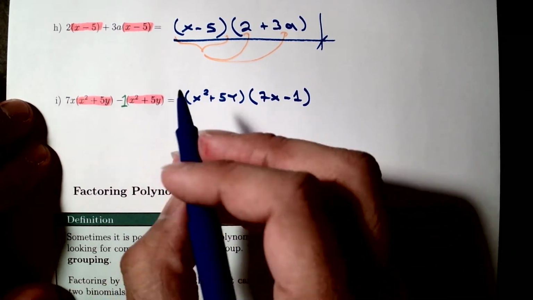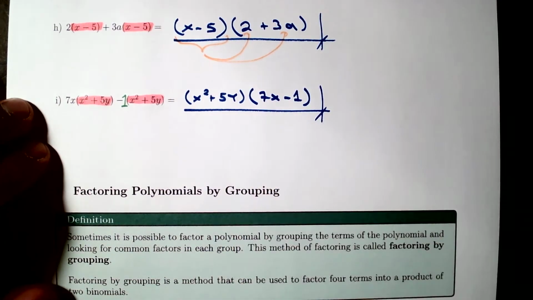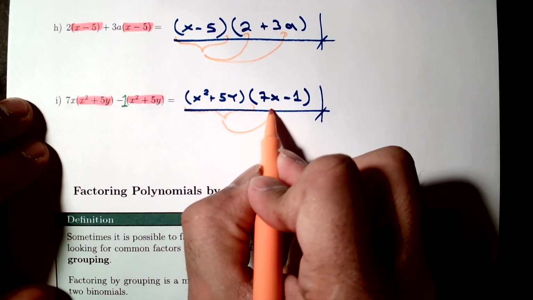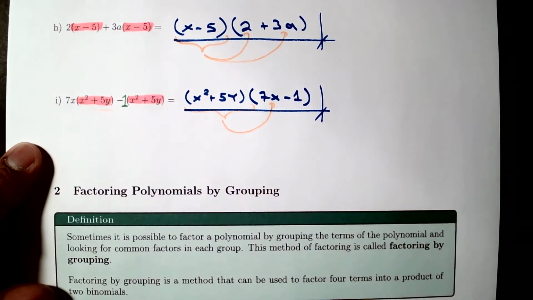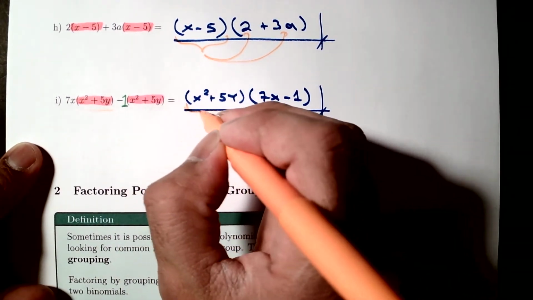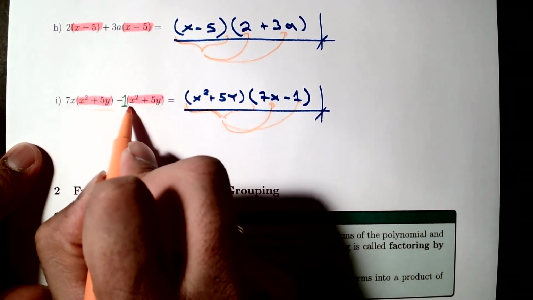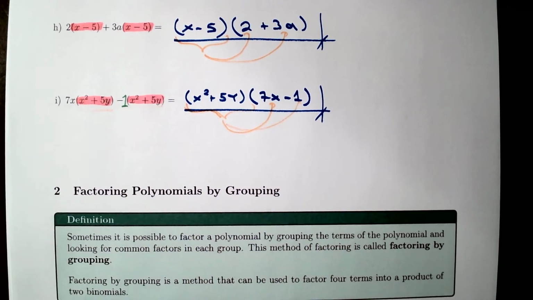Alright, this is the final answer. How does that work? Because if you think of this as a whole times 7x, we get that whole thing. If you think of this as a whole times a negative 1, we get negative x squared plus 5y.